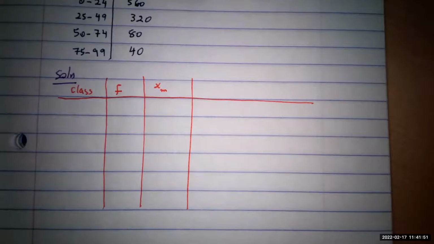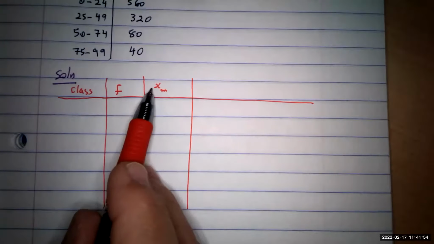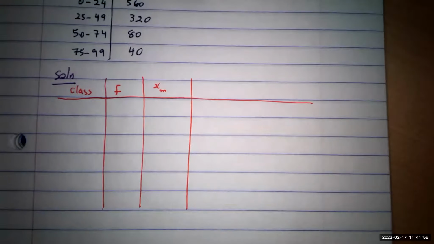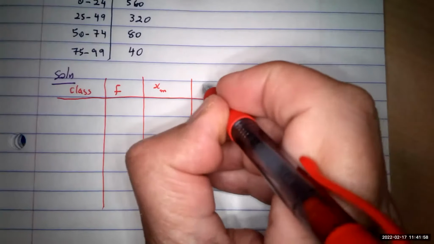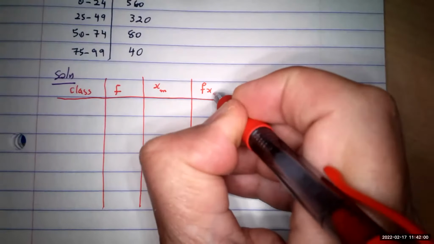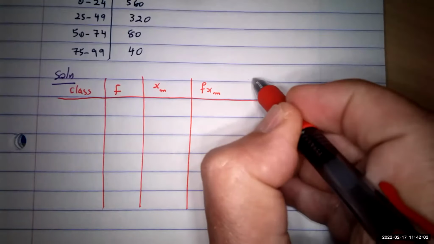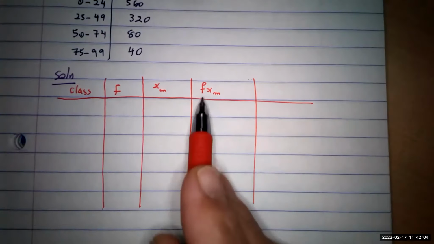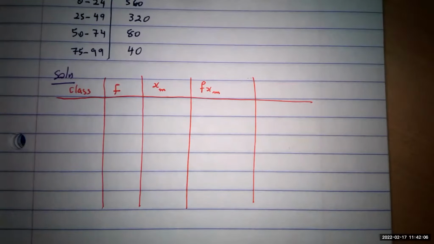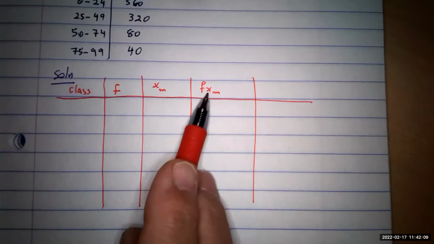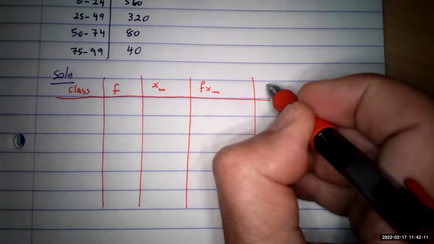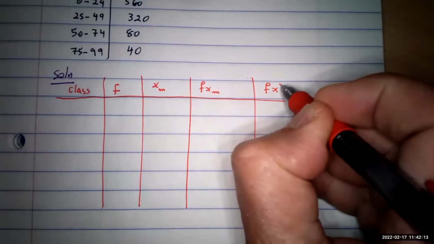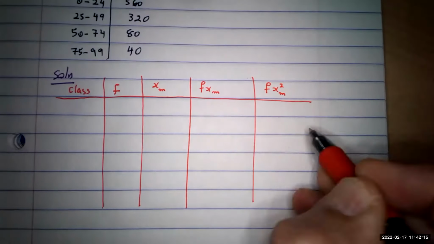We multiply these two together because we need sigma F times X, so it's going to be F times XM. When we add that, it gives sigma Fx. And then you multiply this one by another X to make it F times X squared, F times XM squared. That's it.